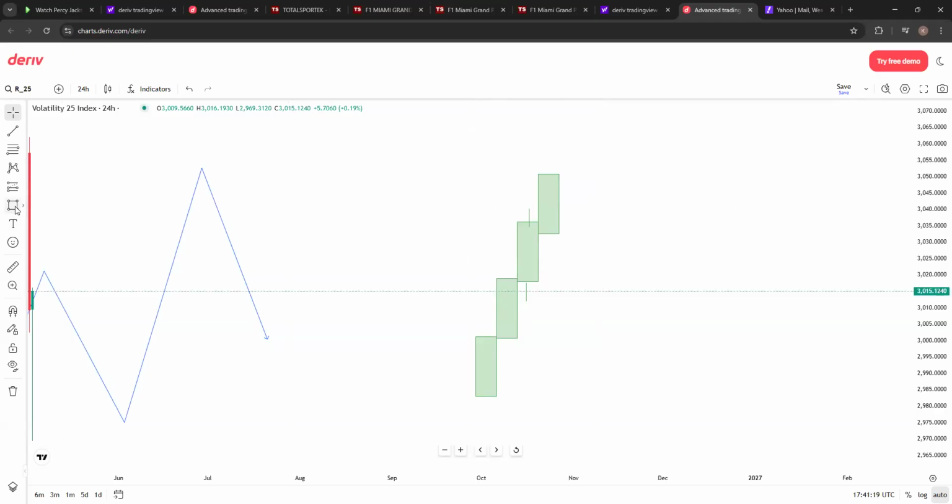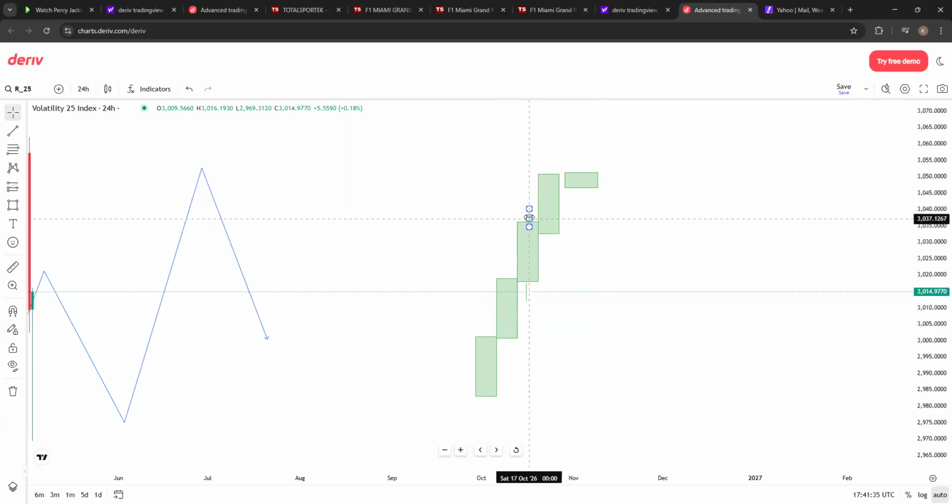And most probably this candlestick can have a small body accompanied by a bigger tail, right?